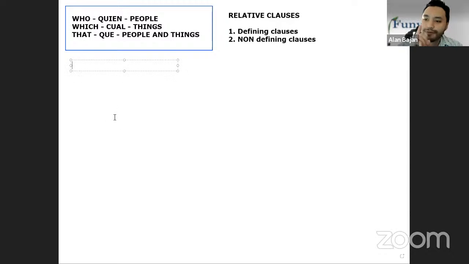So going to the first category of the relative clauses, we find the defining clauses. So on defining clauses, Erica, all the information is not important.